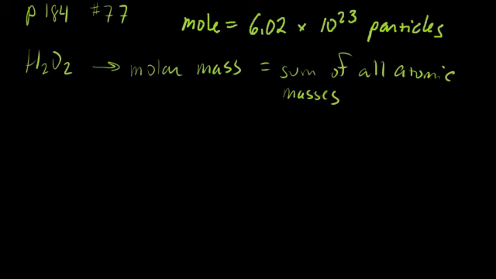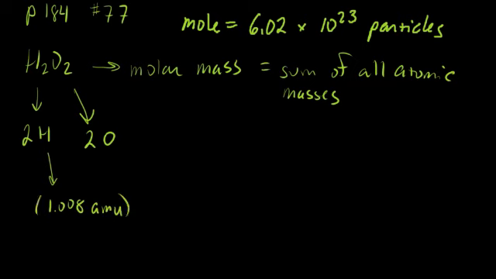In H2O2, we've got 2 H's and 2 oxygens. Looking at the periodic table, H is 1.008 AMU, and oxygen is 16.